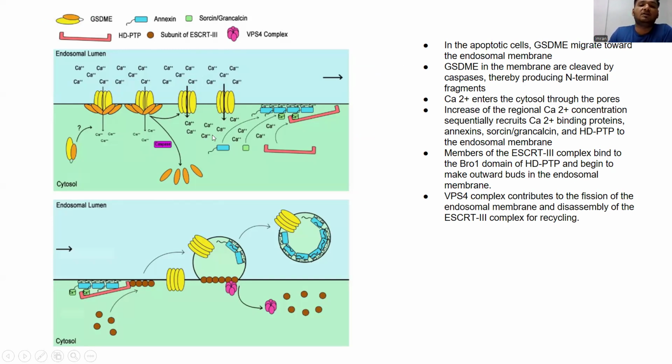The calcium will recruit some calcium binding proteins such as annexin, sorcin, grancalcin, and HDP2P, which will then recruit the ESCRT-III complex. ESCRT-III complex will form a membrane budding, and then the VPS4 complex will cause the cleavage of the invagination from the cell membrane, which results in the release of the exosomes.